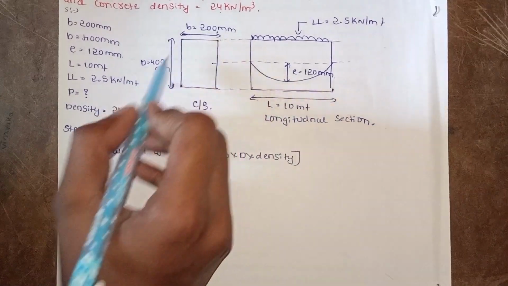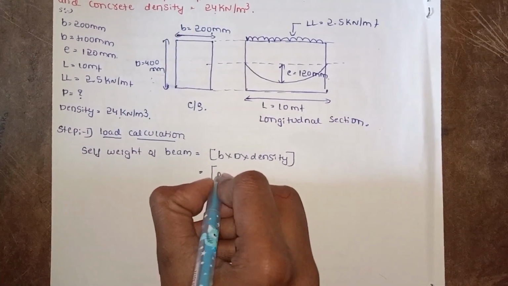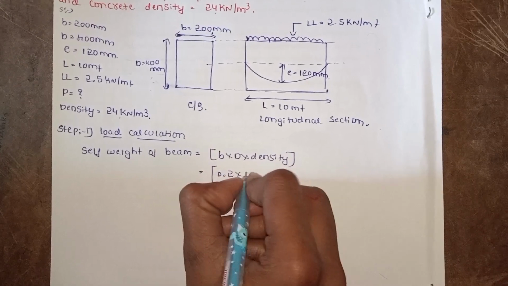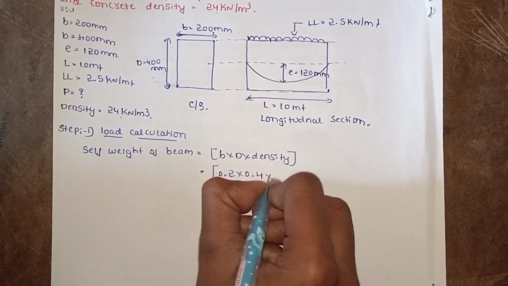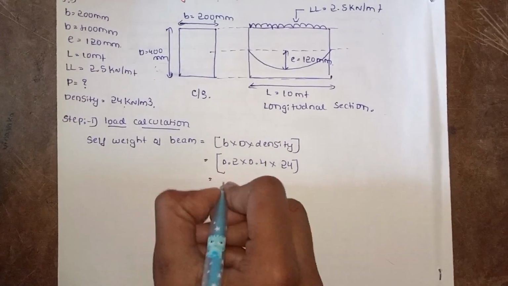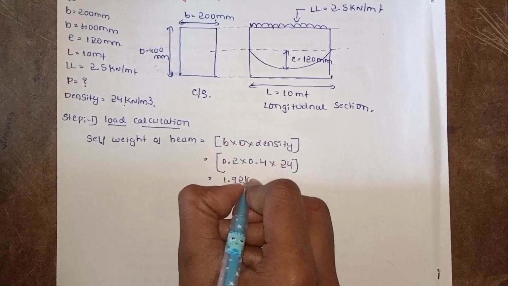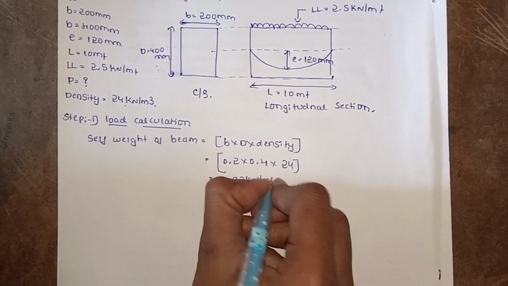Okay, this B and D is converted into the meter. Okay, so 0.2 into 0.4 into density of the concrete is 24. Okay, and self weight of the load is 1.92 kilonewton per meter.